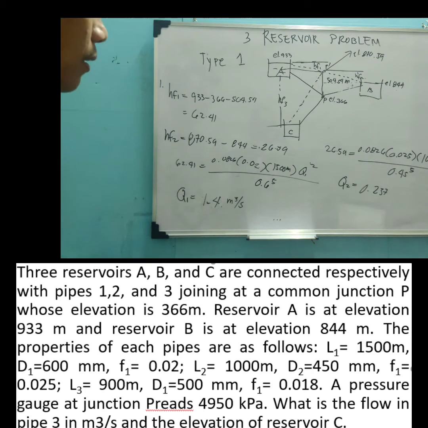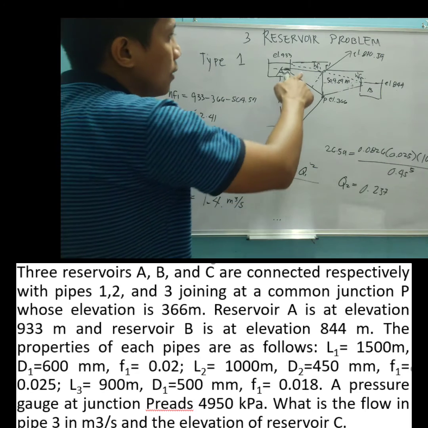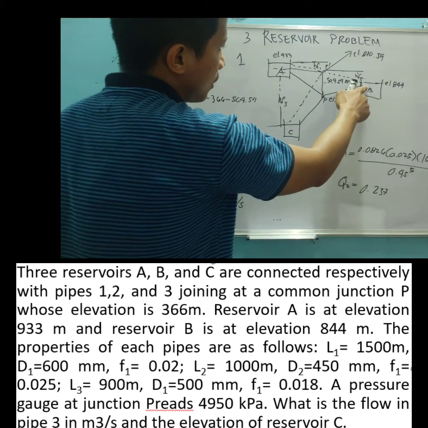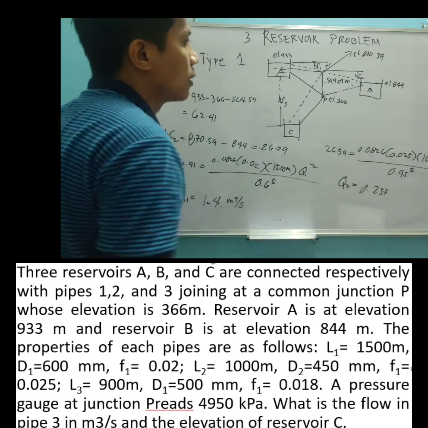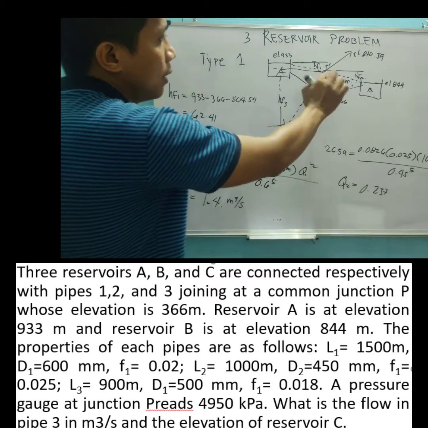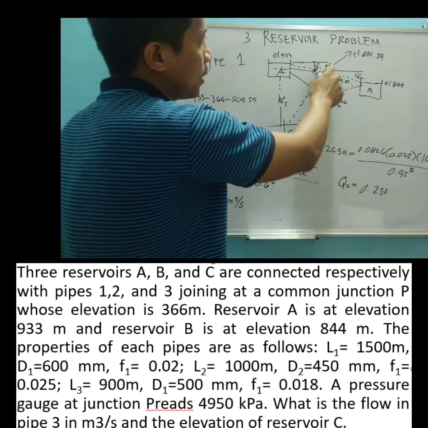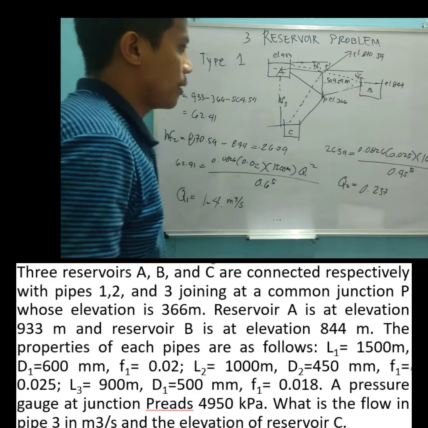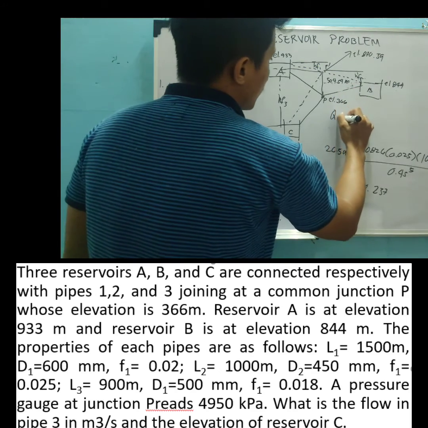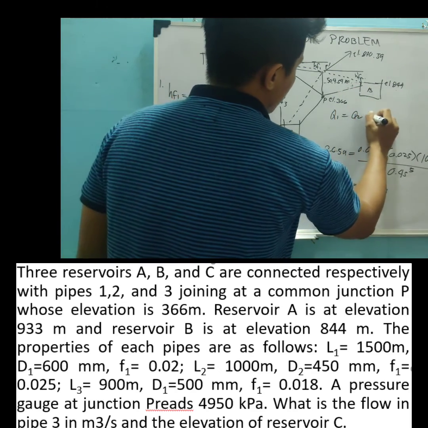So, alam natin na Q1 ay sinusupply niya si Q2 pati si Q3 kasi ang junction natin ay mas mataas sa elevation B. So, Q1 equals to Q2 plus Q3.